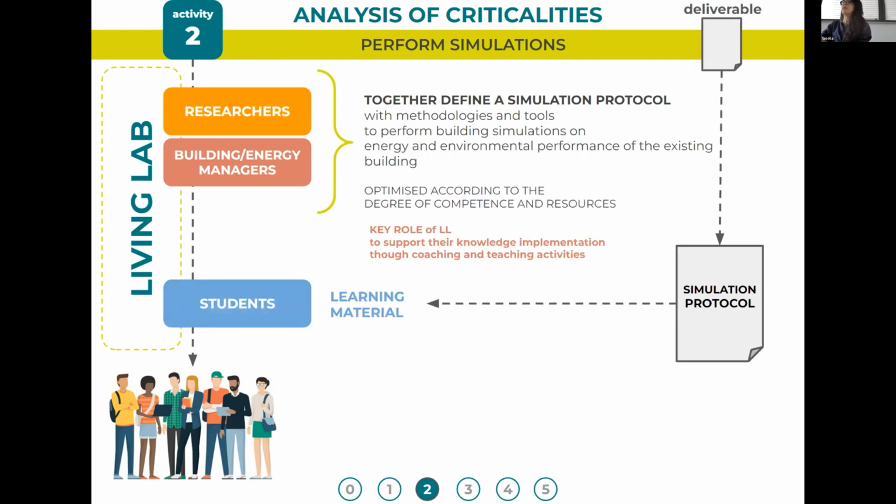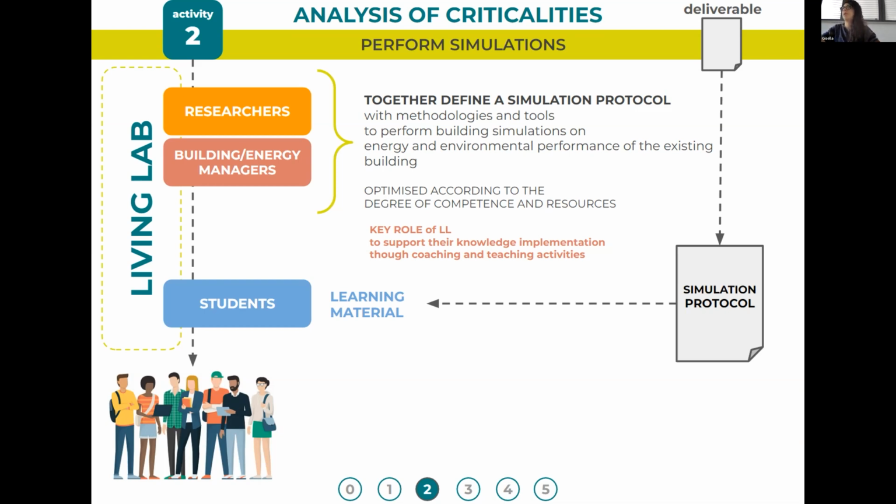Also, these activities originate a deliverable that is a simulation protocol, defined together by researchers and building energy managers, and optimized according to the degree of competence and resources of the university and building managers that, as we remembered also yesterday, have a key role in determining the evolution of the tools and techniques inside the public administrations.